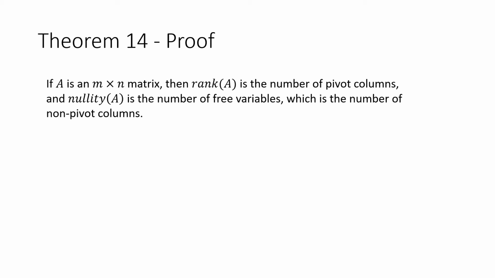How many free variables are there? It's the non-pivot columns. So the number of pivot columns is the rank. The number of non-pivot columns is the nullity. You add them up, you get the number of columns. So this theorem is using the ideas and techniques that we've seen, but it is a fundamental theorem of linear algebra, that the rank plus the nullity is equal to the number of columns.